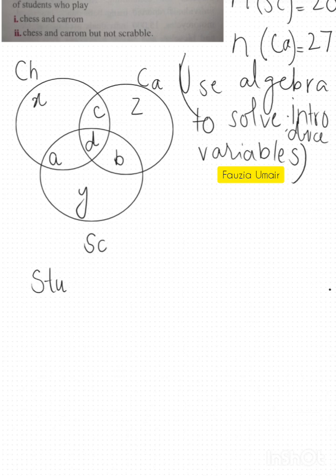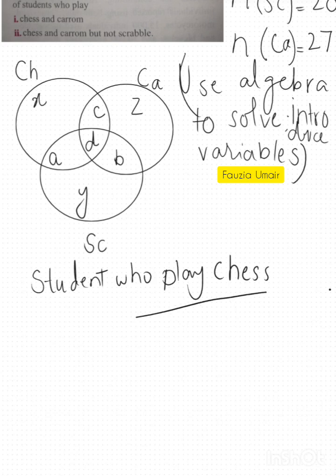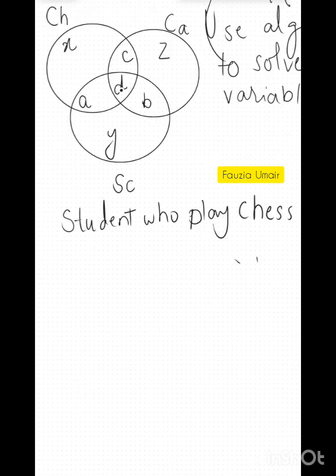First of all, let's write down students who play chess. This equation will give you an idea of how we are going to solve this question. The students who play chess belong to this circle, and in this circle there are 4 subparts.